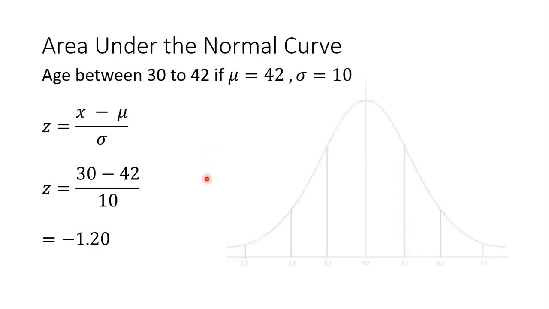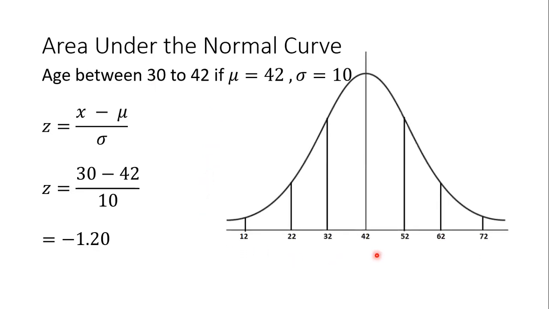So let us now illustrate the graph. So 42, pagpapunta tayo ng kaliwa, we subtract 10 because that is our standard deviation. So 42, 32, 22, and 12. And from the mean going to the right, we add 10. 52, 62, 72. But we are concerned with area bounded by 30 and 42. So ito po yung area natin.